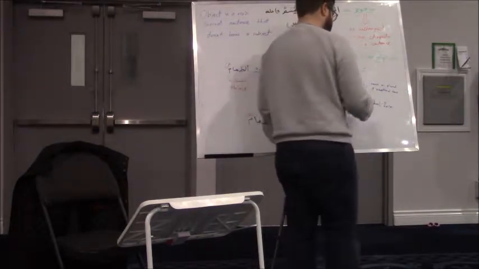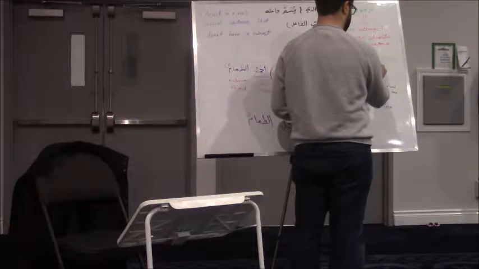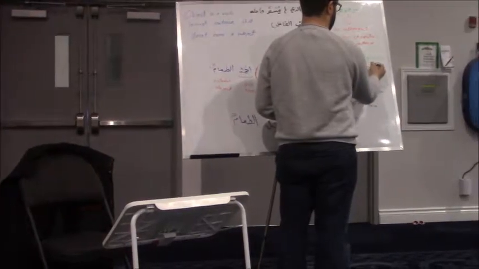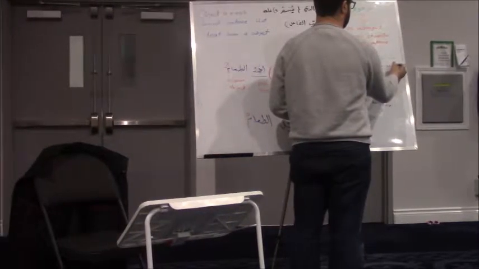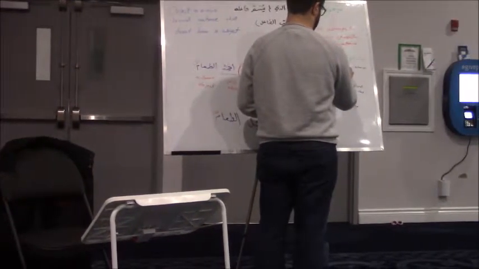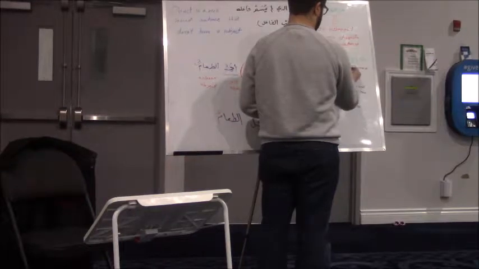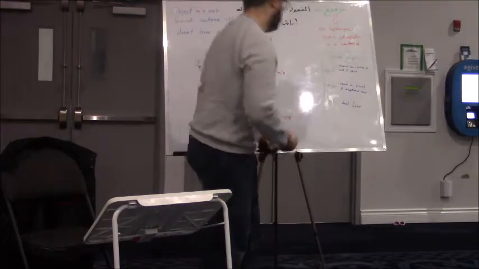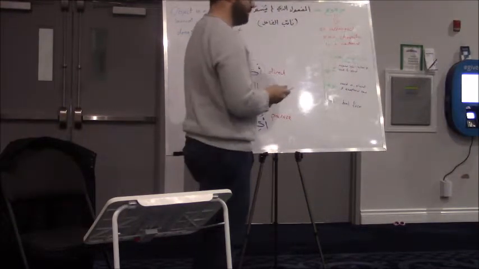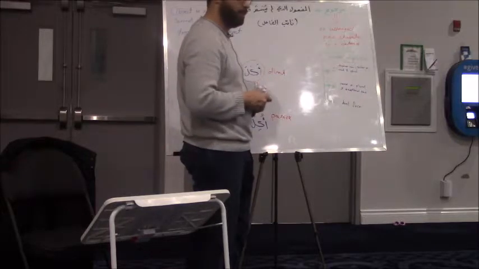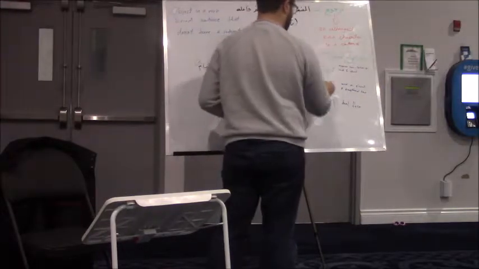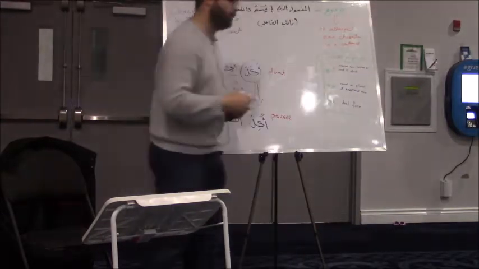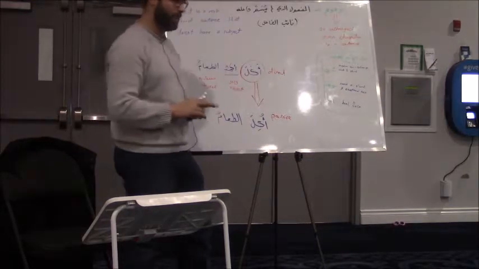And then you have the singular noun, broken plural, sound feminine plural, right? So when we see a noun, the marker of rafa' is going to be given by one of these 3 things. There's going to be a dhamma and a waw or an alif. There's really no other choice for a noun, right?